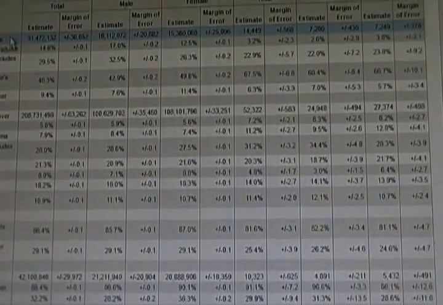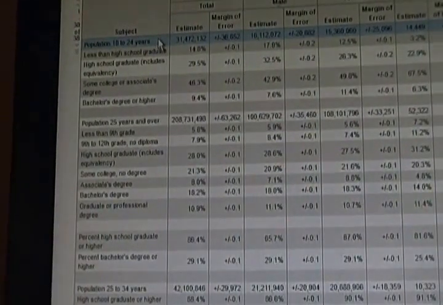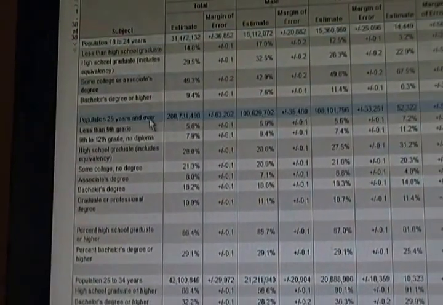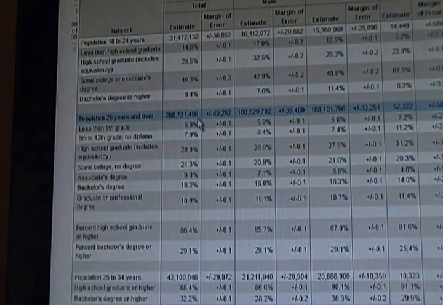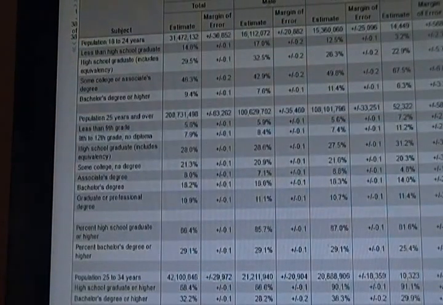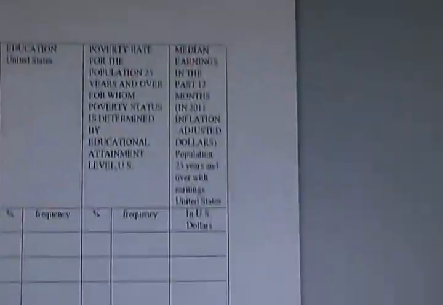Now, I'm not concerned about the population 18 to 24 years. Why? Most people don't start working and enter the labor force until 25 years and over. So I want to go down and I want to look at this number here, 208,731,498. We'll look at that. That's the United States. Okay, 208,731,498. So I go back down to my chart. I open that up. I go to the United States.